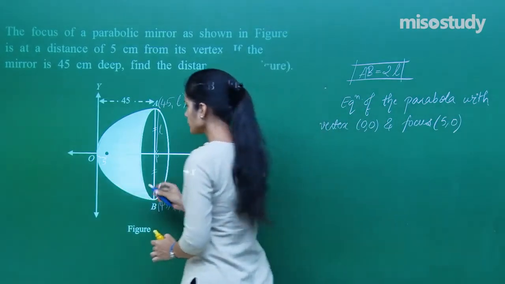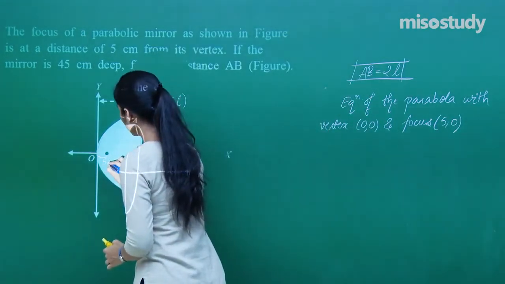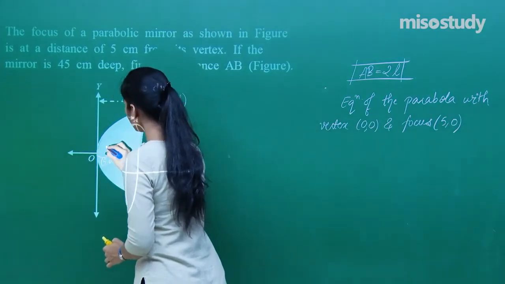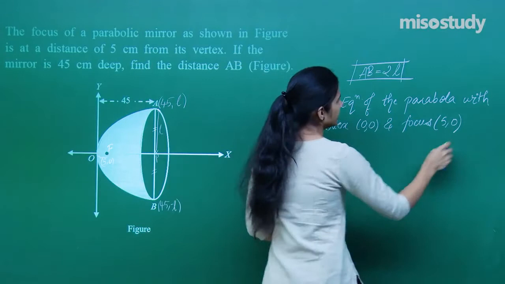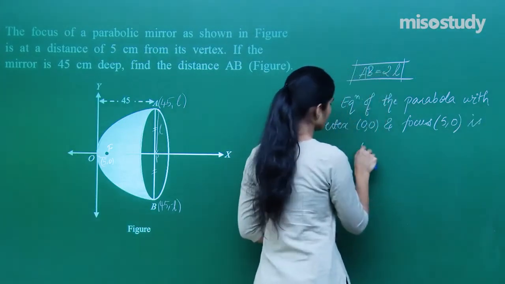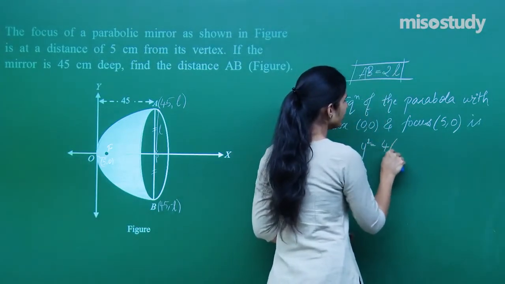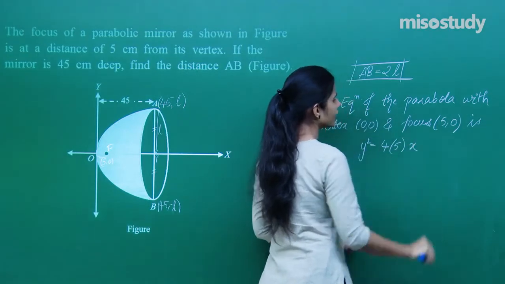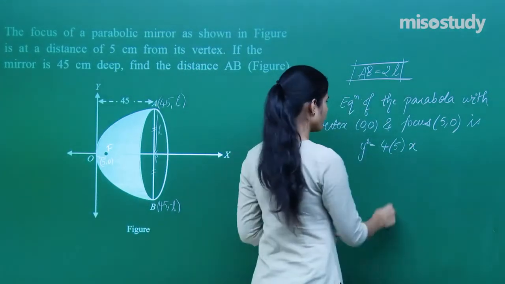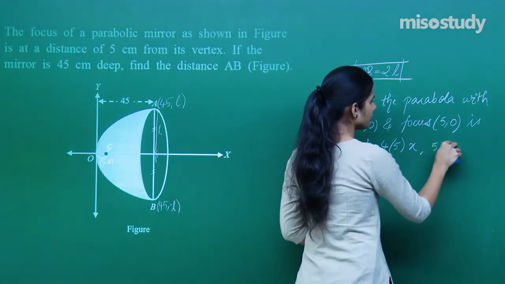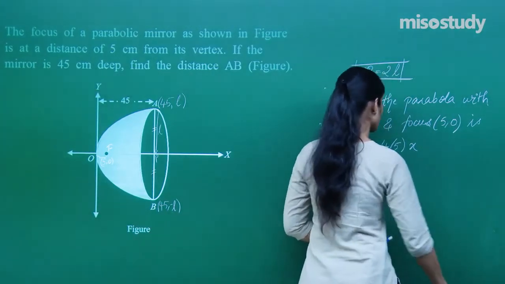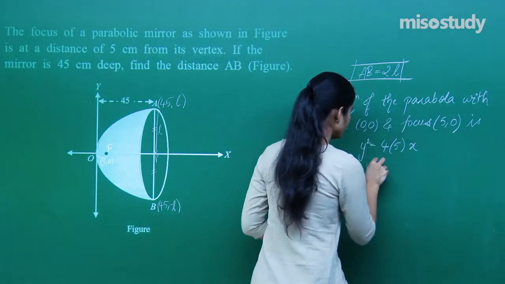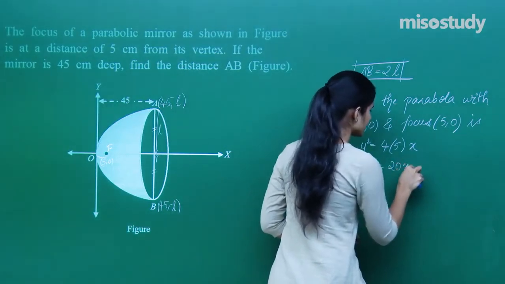Its coordinates are 5, 0 of this point, say F, which is acting as my focus, is y square equals 4 into a into x, where a, 0 are the coordinates of my focus. A is positive. Clear? A is positive. This gives you y square equals 20x.